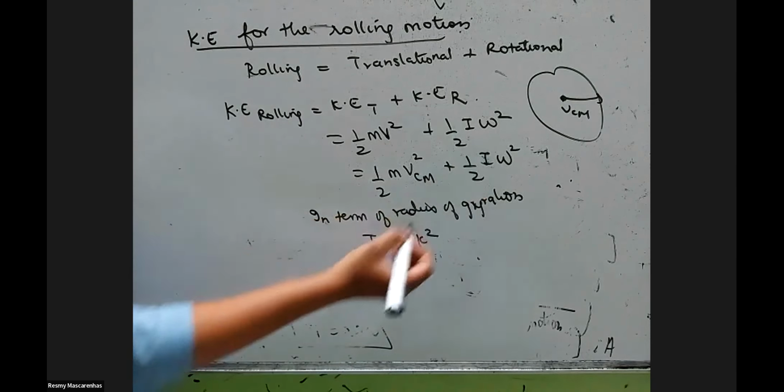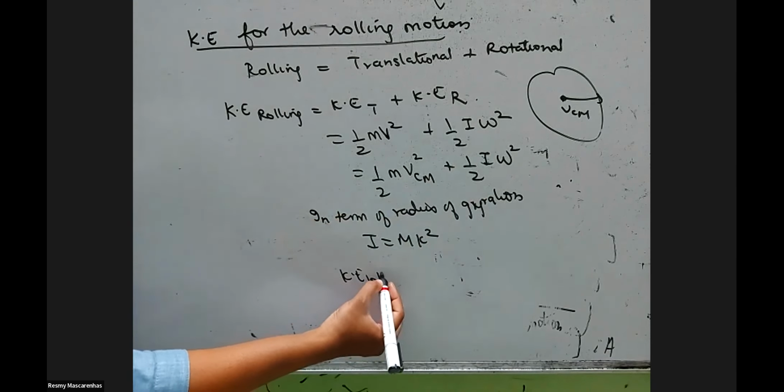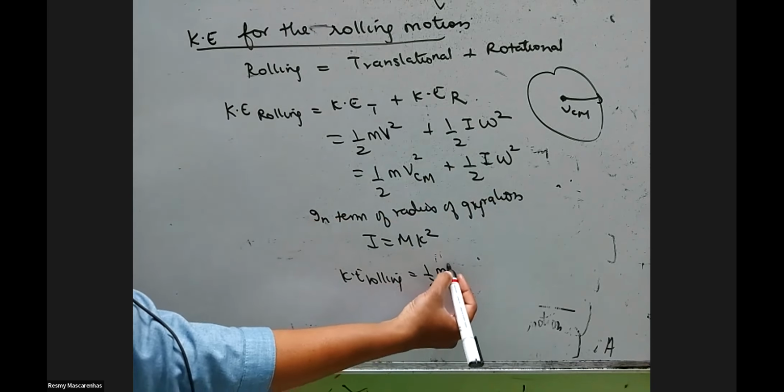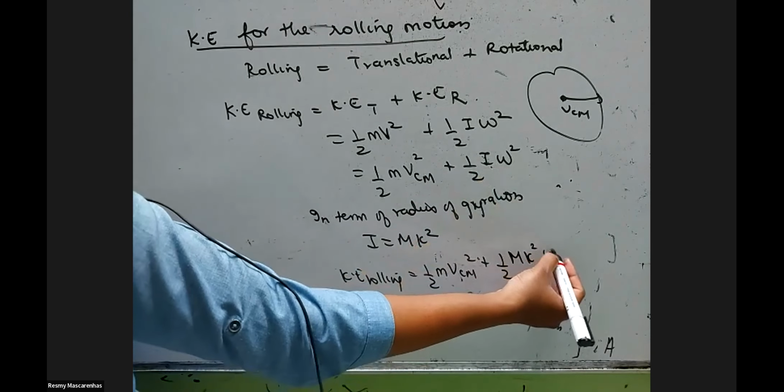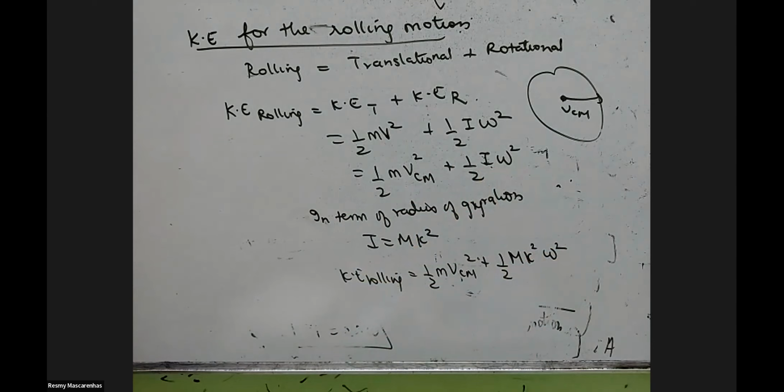The kinetic energy for rolling is half, half. Instead of I I can use this also. If you want to write everything in terms of VCM, you can also write.